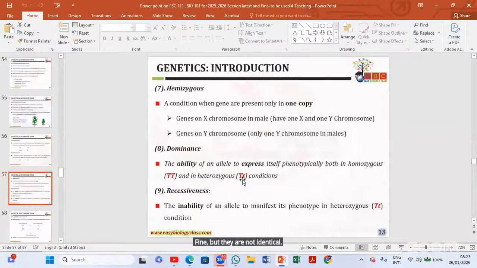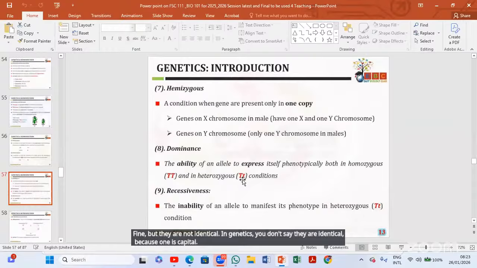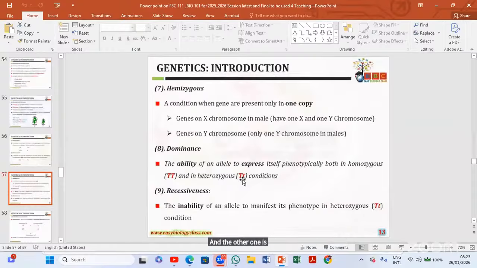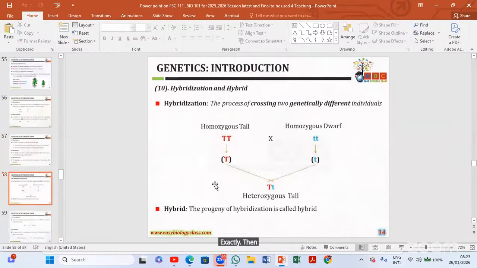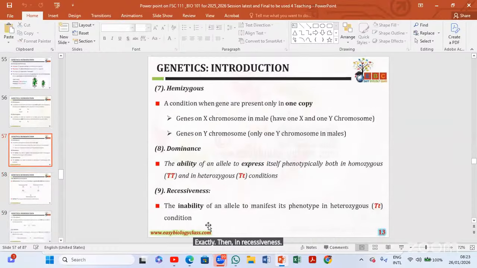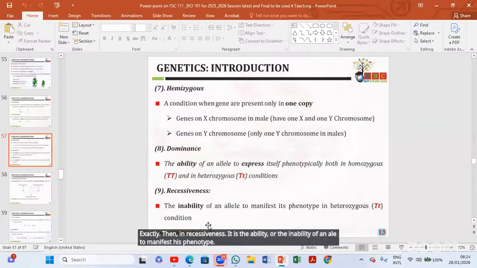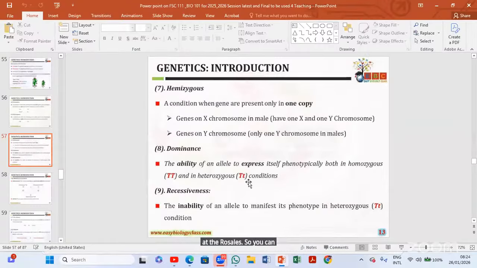In genetics, you don't say they are identical because one is capital and the other one is small case. So meaning that they are heterozygous. Then recessiveness is the ability or the inability of an allele to manifest its phenotype in heterozygous. So you can see in heterozygous, only capital T will be expressed.